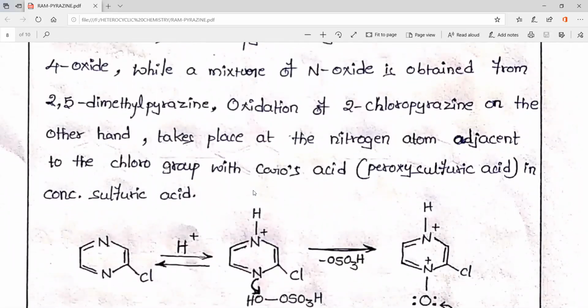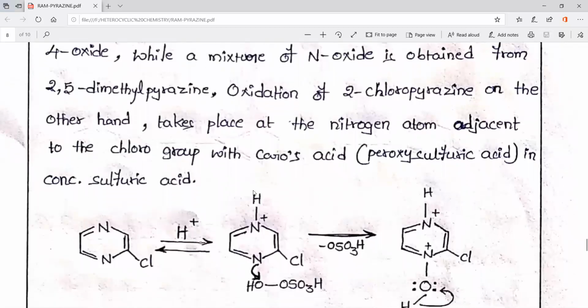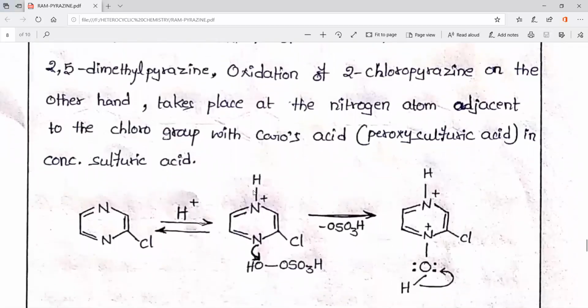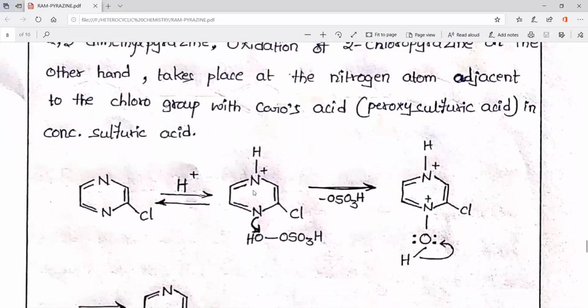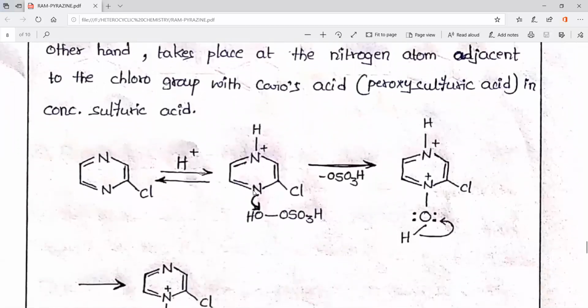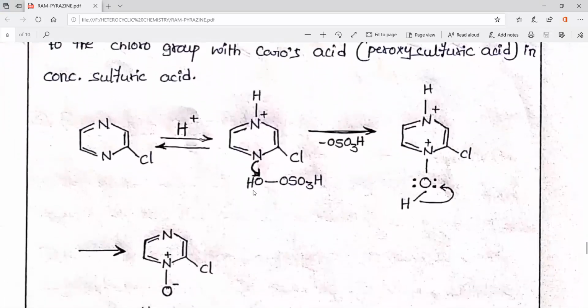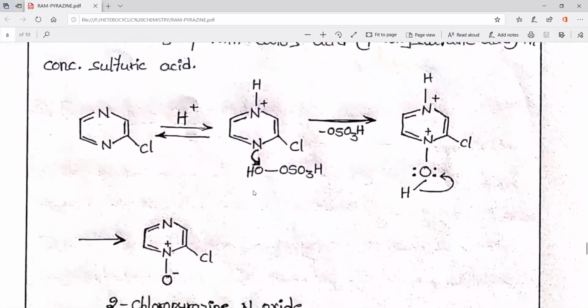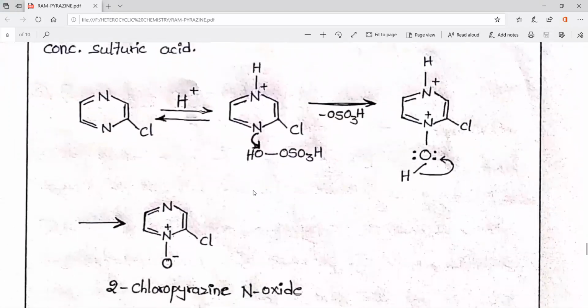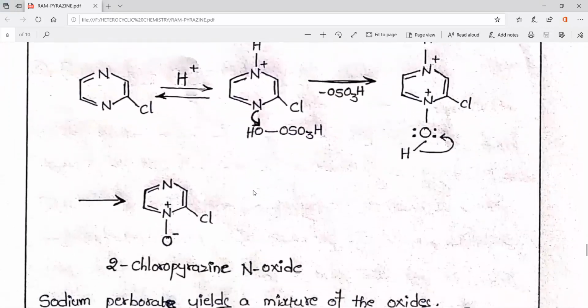Oxidation of 2-chloropyrazine, on the other hand, takes place at the nitrogen atom adjacent to the chloro group with Caro's acid, that is peroxysulfuric acid in concentrated sulfuric acid. So N-oxide formation depends upon the substituents which are present in the pyrazine ring and the action of the reagent.